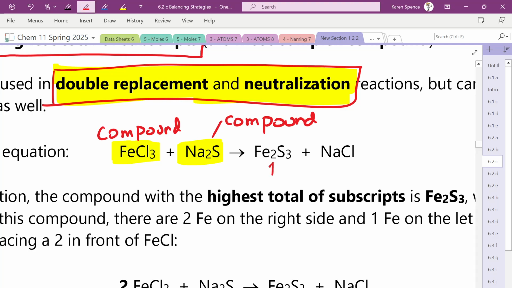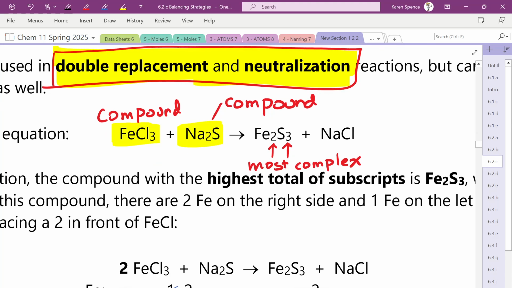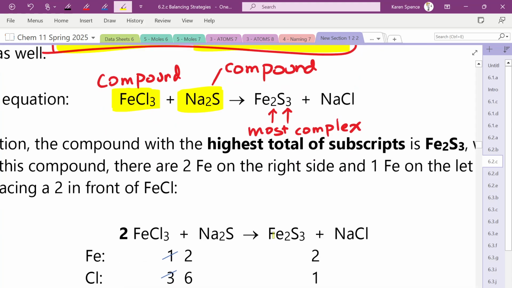The Fe2S3, that is the most complicated, most complex. So what we're going to do is we're going to say, let's deal with the iron and the sulfur first. Everything else will sort itself out if we do that. So pick your most complex one and say, I'm going to deal with my iron and my sulfur.